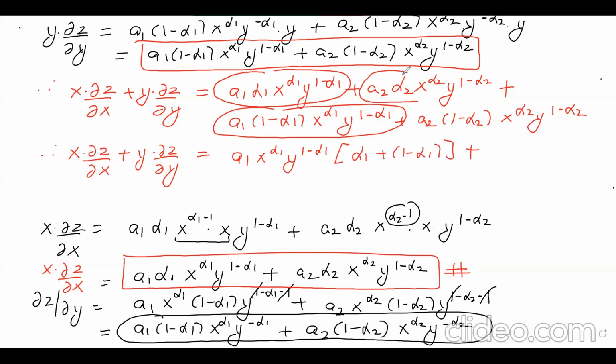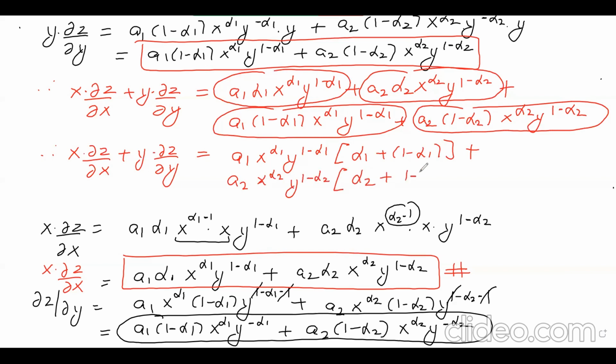And within this expression and this expression, I can take a2 x to the power alpha 2 y to the power 1 minus alpha 2 common. So inside I get alpha 2 plus 1 minus alpha 2. Okay, so alpha 1 minus alpha 1 cancel out, alpha 2 minus alpha 2 cancel out.